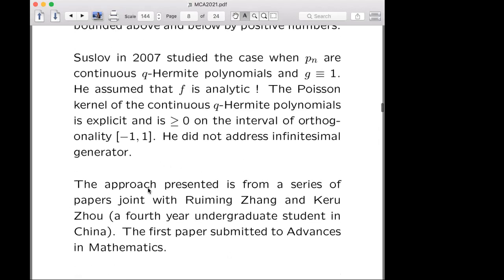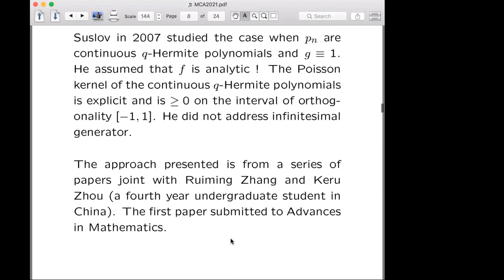Okay, so the approach I'm presenting is from some work with Ruiming Zhang and Keru Zhou. Zhou just graduated, finished his undergraduate in China. And the first paper is submitted to Advances in Mathematics. We have the first referee reports. We're revising it, and we think it will be accepted.